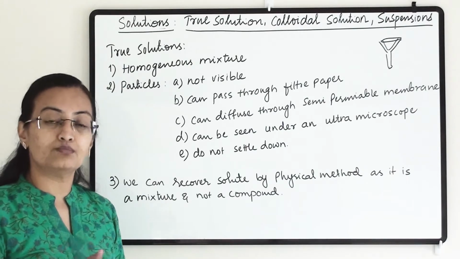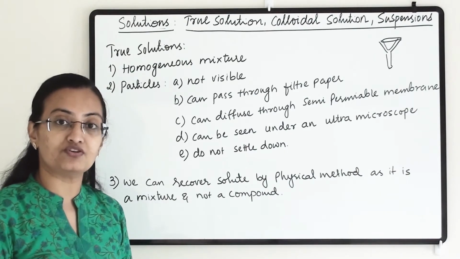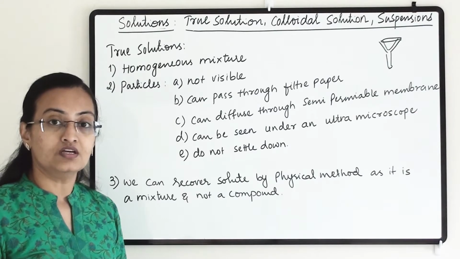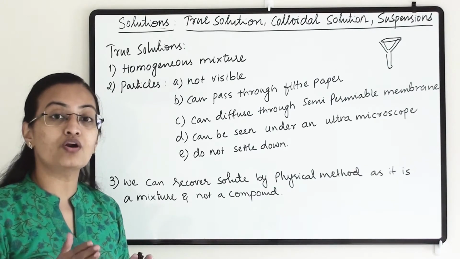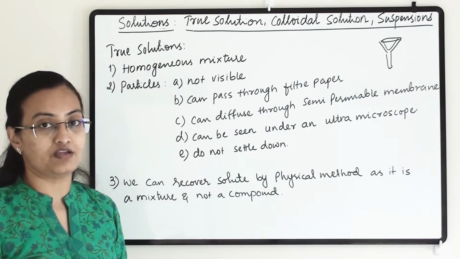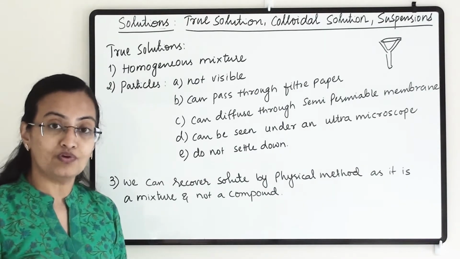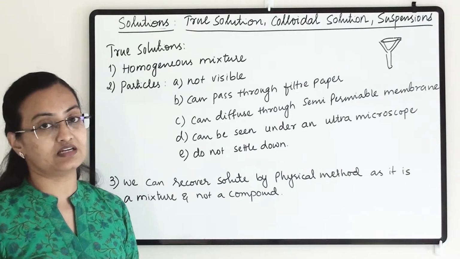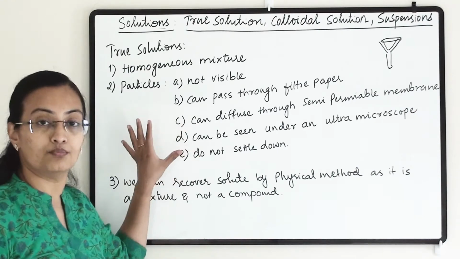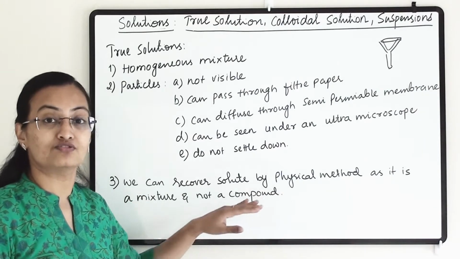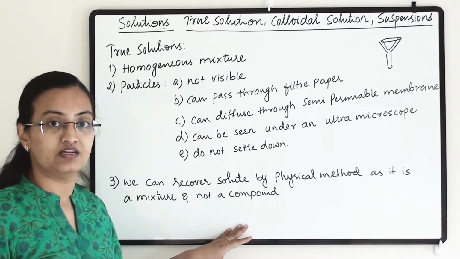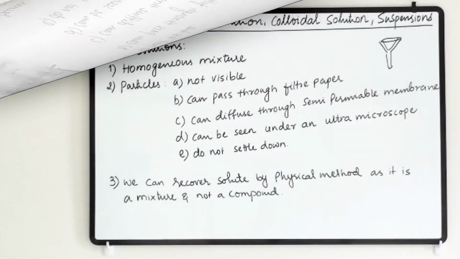Physical methods include evaporation, filtration and so on. These methods do not involve any kind of chemical reaction. So mixtures can be separated via physical methods. This is also a mixture, and we can separate it through physical methods, as solutions are not compounds, they are mixtures.